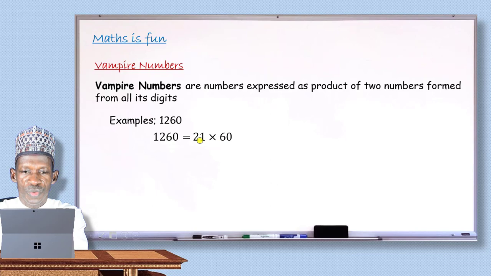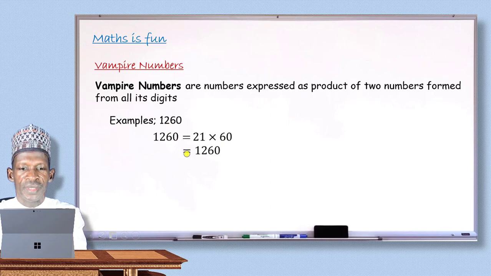If you look at these two numbers, the first contains the digits 2 and 1, and the next number is 60. The multiplication of 21 and 60 will give you 1,260, which means this number is a pair number.